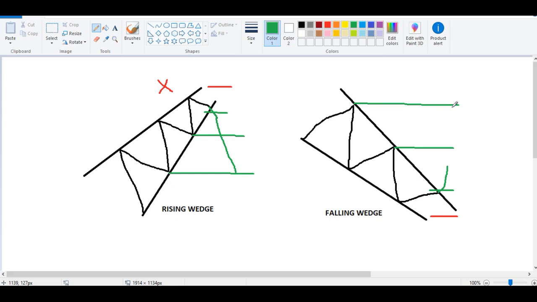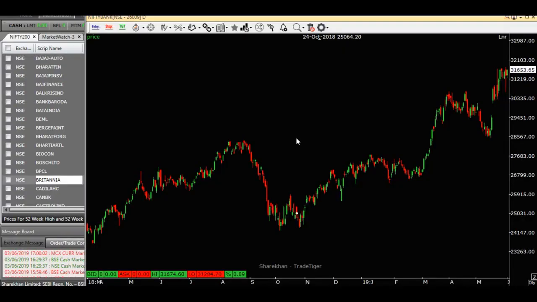Generally in a wedge, the targets are achieved very quickly, because these are very strong reversal patterns. So whenever you see a wedge pattern, do play it, because they are very effective patterns, especially for trend reversal. Let's look at a few examples.